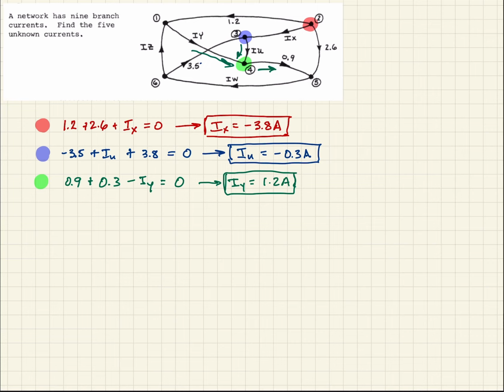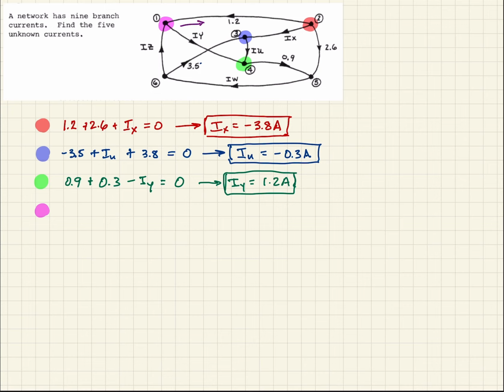All right, so we're getting close now. We need to pick another node, and this time we're going to pick node 1. So let's see what happens when we look at node 1. Again, we're going to say leaving is positive.